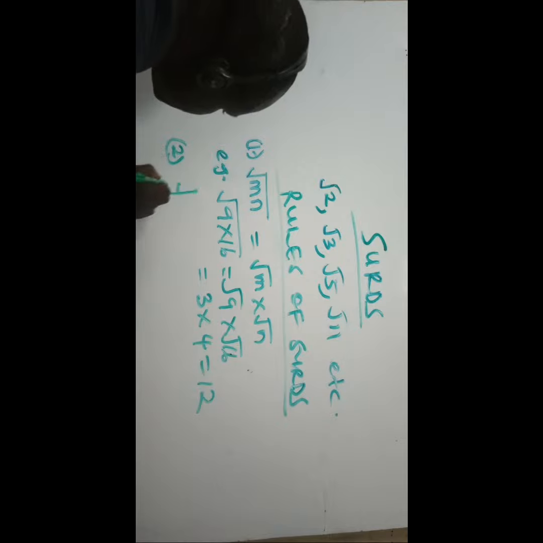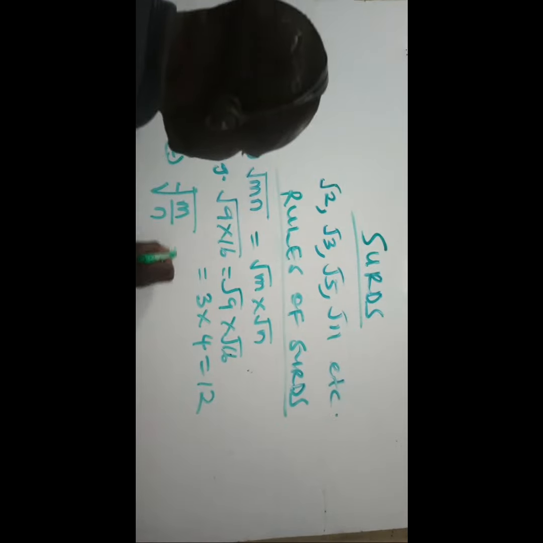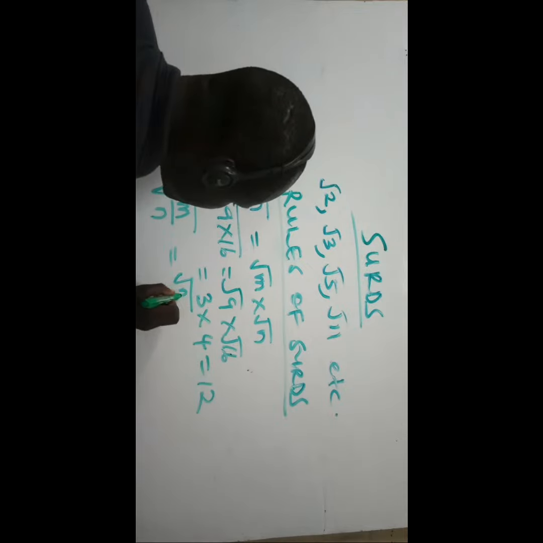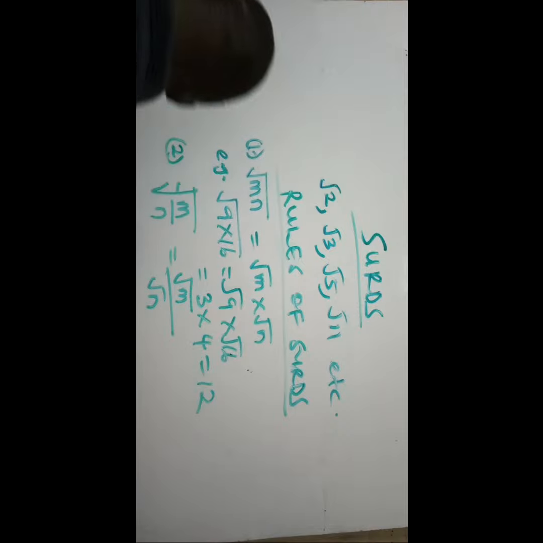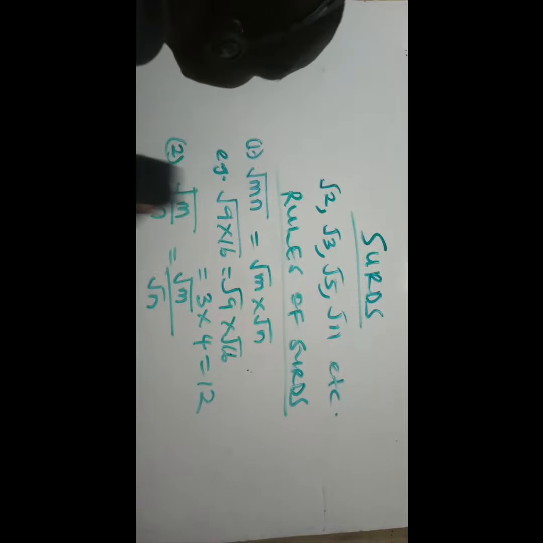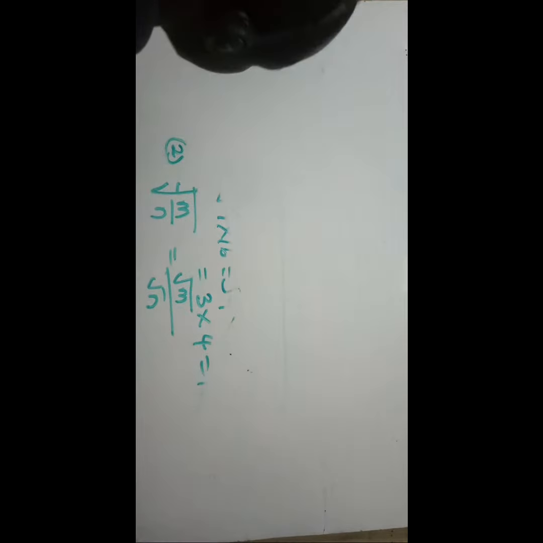Then the second rule says that if you have square root of m divided by n, you can break it down to square root of m, all over square root of n. That is, it is allowed. You can split it like that. Let me give an example of this second rule.